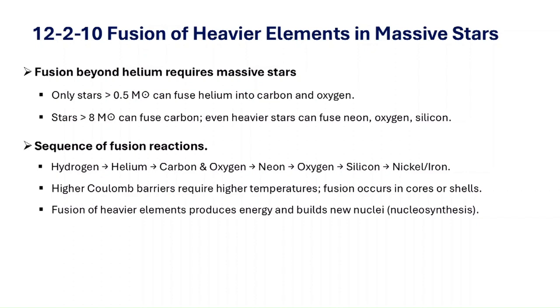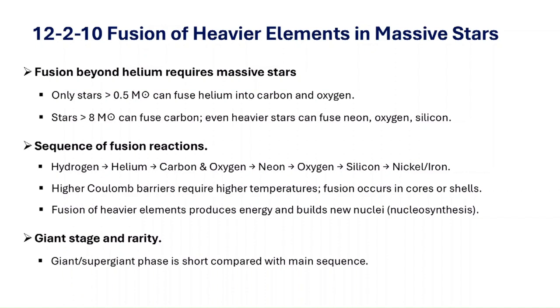Now even though these massive stars are incredibly luminous as giants or supergiants, their giant phases are short-lived compared with their main sequence lifetimes. And this short duration means that fewer giants are visible in the sky, despite being so bright. So eventually, all stars exhaust their nuclear fuel and gravity takes over, leading to the final collapse.